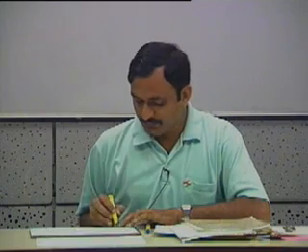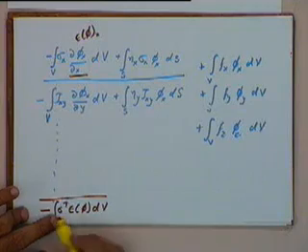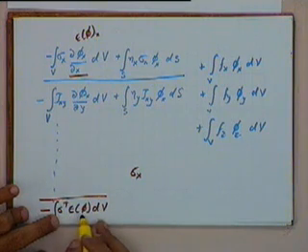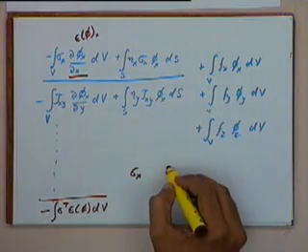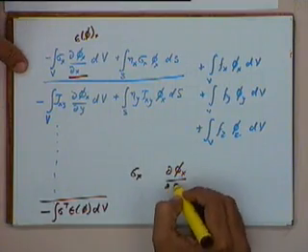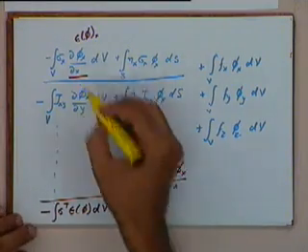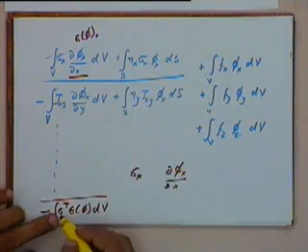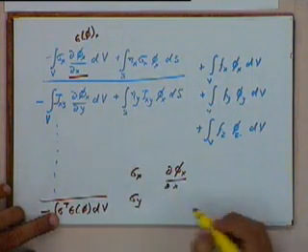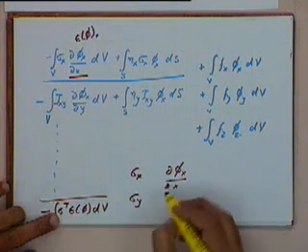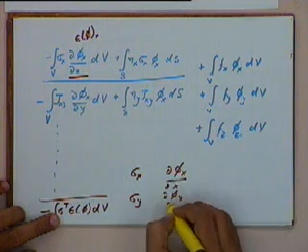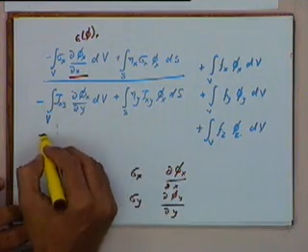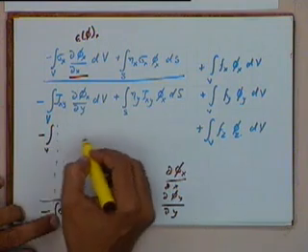Okay. Now from this again, the first term of sigma transpose is sigma x. The first term of epsilon phi is del phi x by del x. If I multiply these two, I get the first term here. The second term of sigma transpose will be sigma y, and the second term of epsilon phi will be del phi y by del y, and that will be the next term that we will have over here, minus integral of the volume and so on.